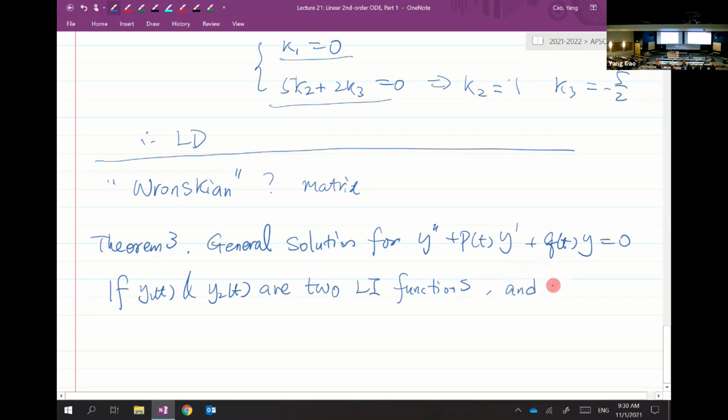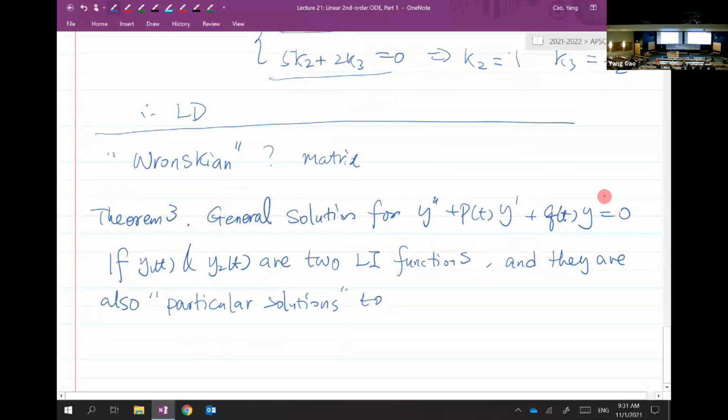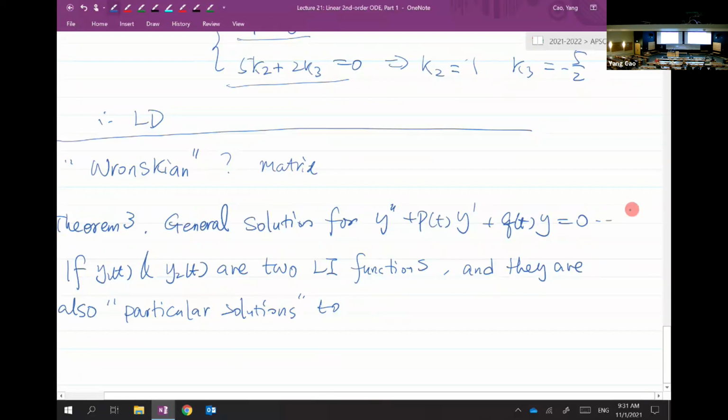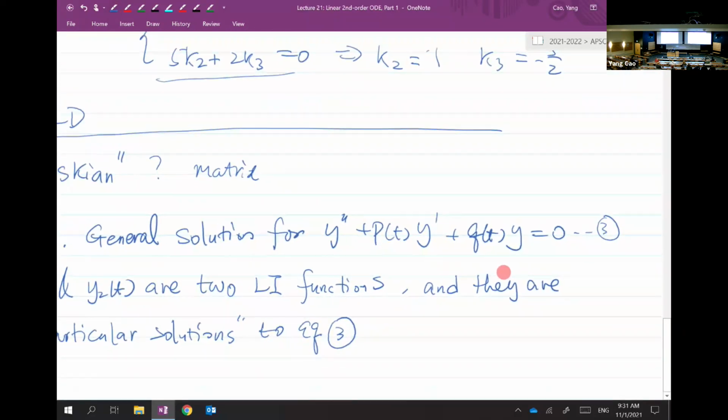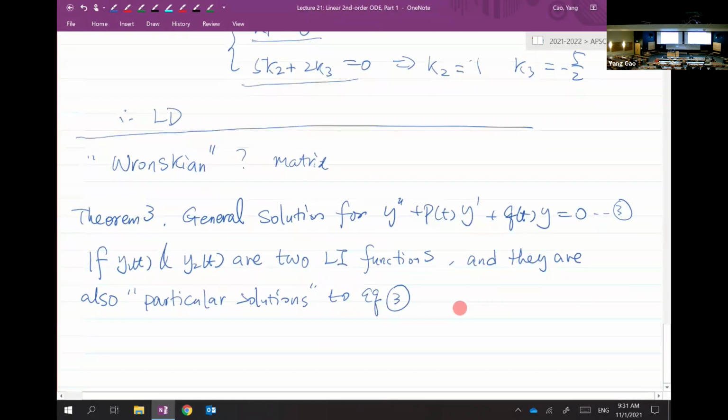And they're also particular solutions to this equation. Okay. So let's call this equation 3. Technically, we listed that equation as number 1, right? Okay, so they're linear independent. They're also particular solutions to equation 3.